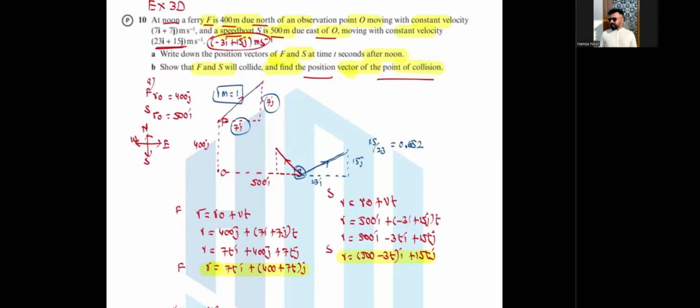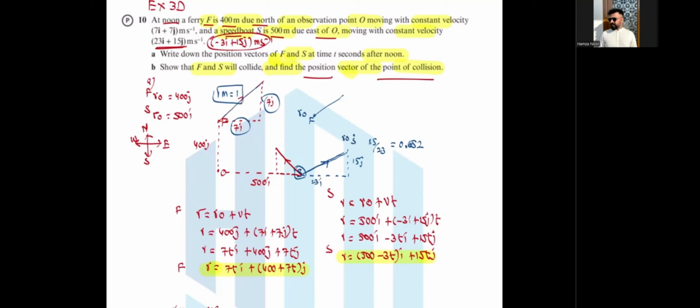As you already know, when the gradient is closer to 0, the line becomes flatter. The line is closer to being horizontal. So the line for the ferry is something like this. Assume that this is point F, the initial position vector for the ferry, and here you have the initial position vector of the speedboat.